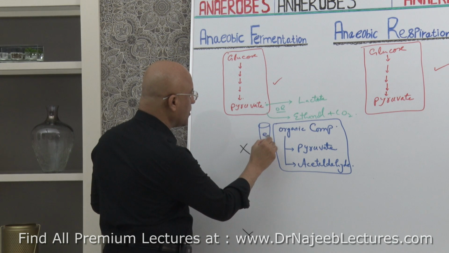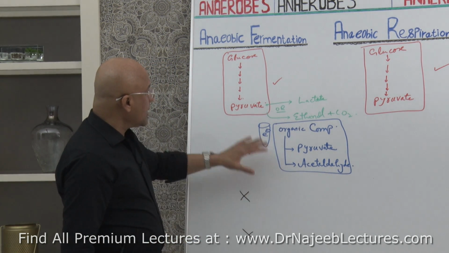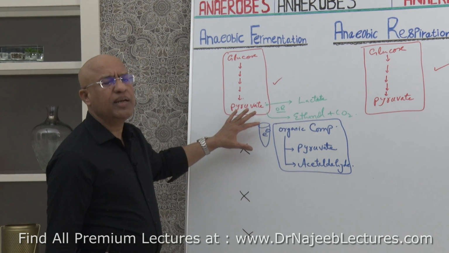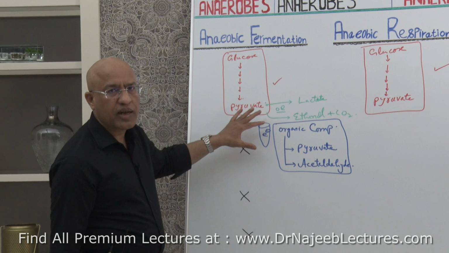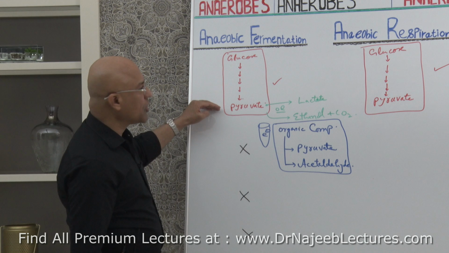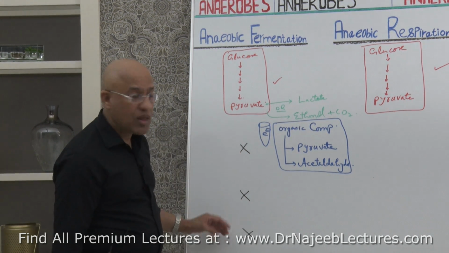So electrons come over here. Now, this produces very little ATP. Why does it produce so little ATP? Because the nutrient is only partially broken down. It is not completely broken down, right?